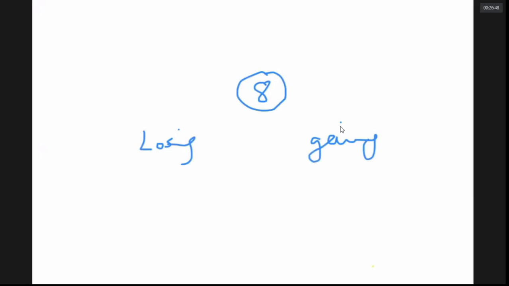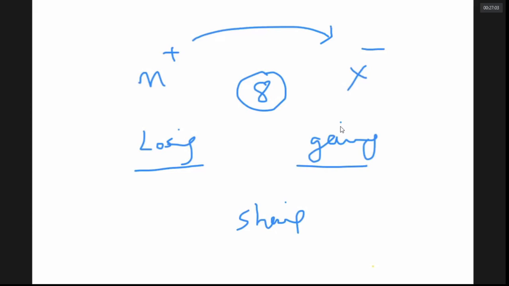Therefore, scientists thought that atoms tend to get an octet of electrons like noble gases either by losing or by gaining or by sharing electrons. A bond formed by losing and gaining involves formation of a positive ion and a negative ion. This type of bond, which involves transfer of electrons from a metal to a non-metal, is called ionic bond or electrovalent bond.